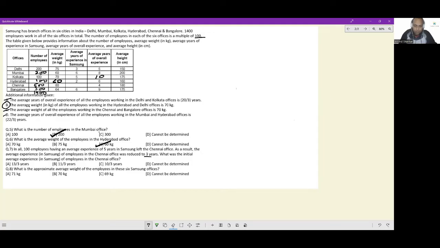Let me read again. There were 500 employees and their average was A, not known. Now, 100 people with an experience of 5 have gone. So 400 people with experience of 3 are left. So what is the initial average experience?